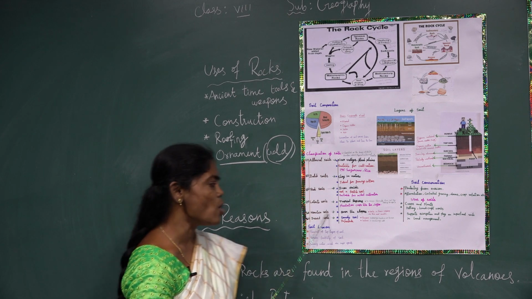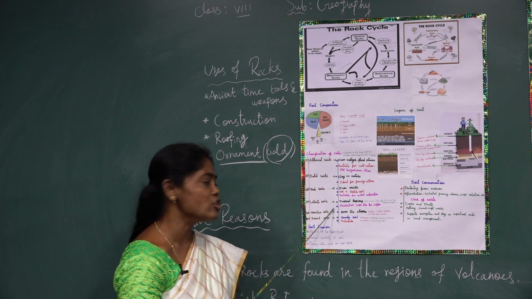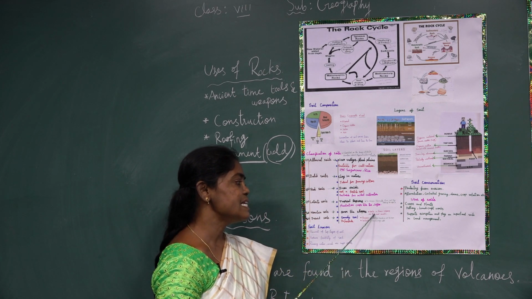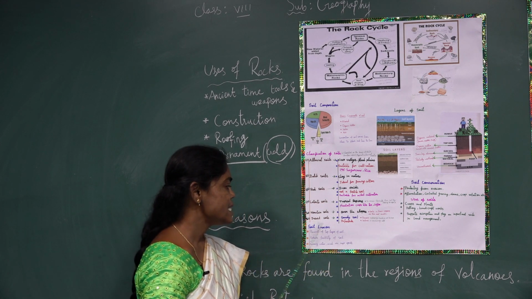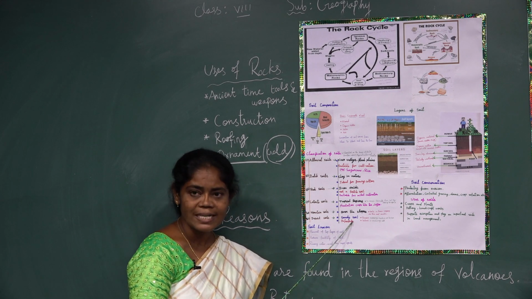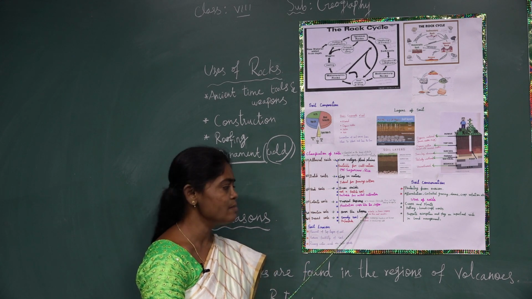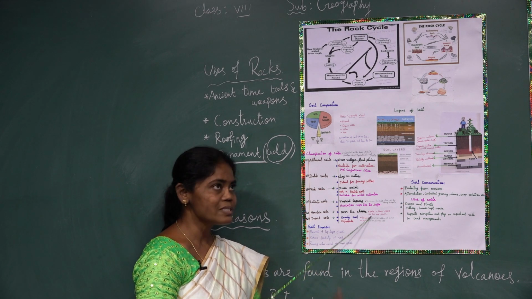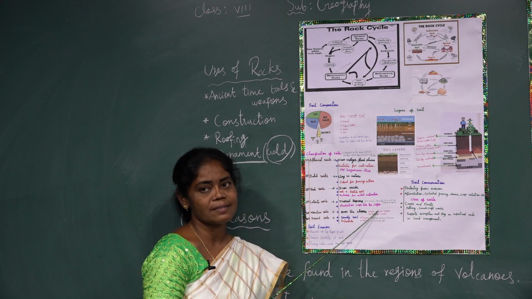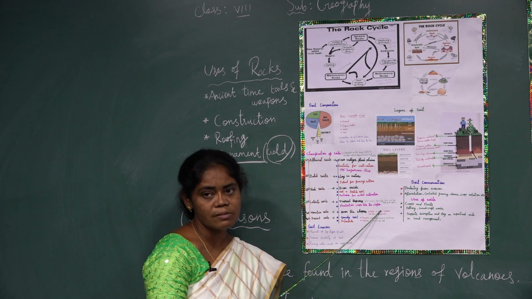Now we will see the mountain soil, which we can see over the slopes. These soils are thin and acidic. Desert soil is sandy, dry, porous, and saline. Porous means it allows water inside, it absorbs.